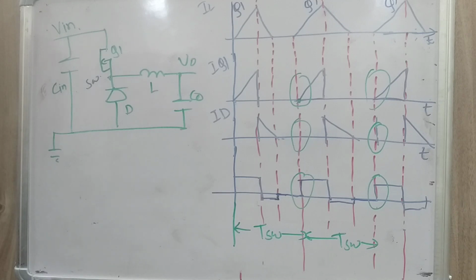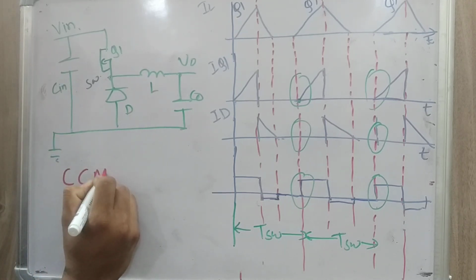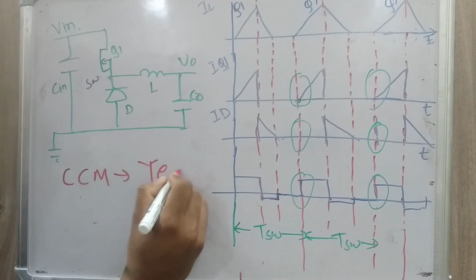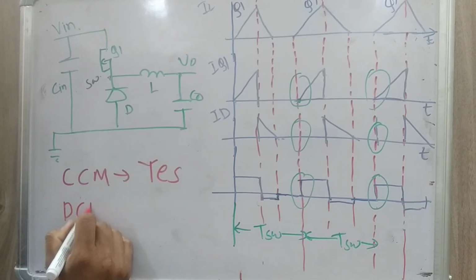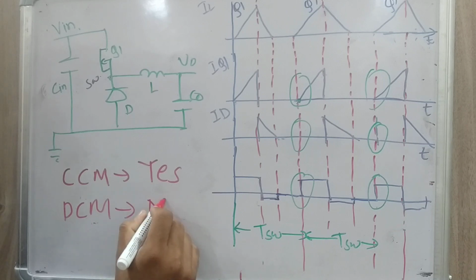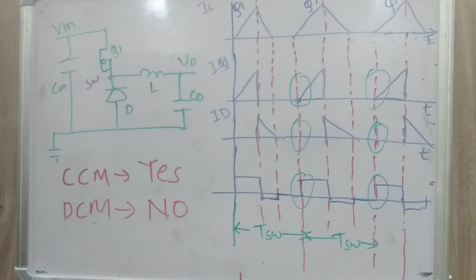So, the answer to the question we discussed, whether the reverse recovery loss of the diode happens in CCM mode or DCM mode: in CCM it is yes, and in DCM no.